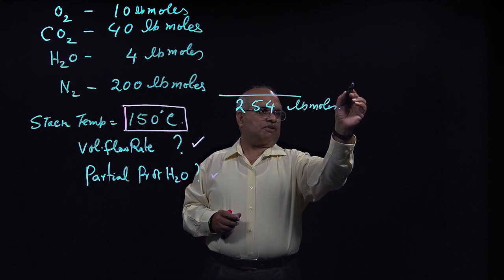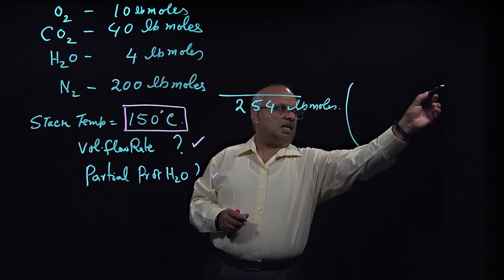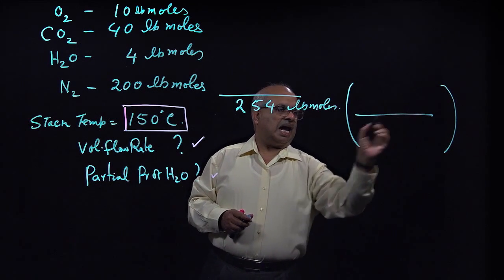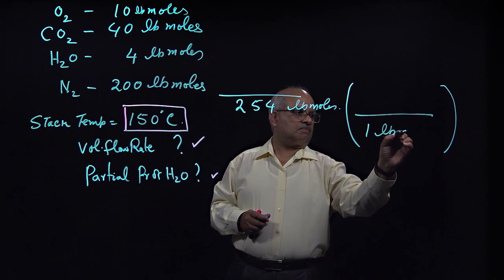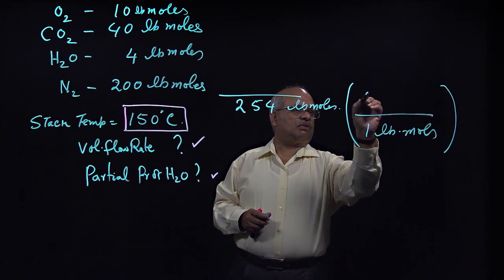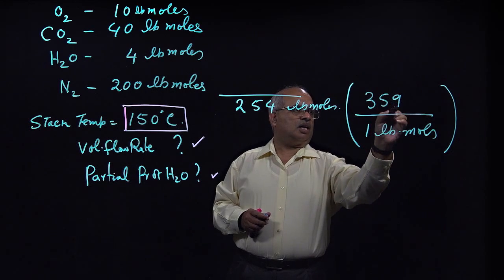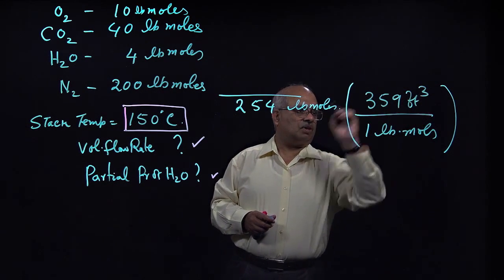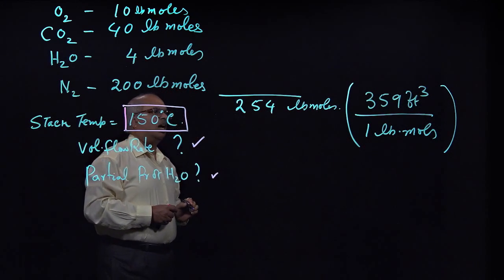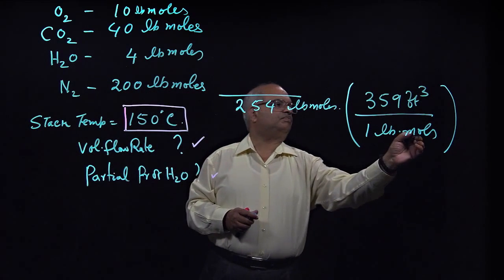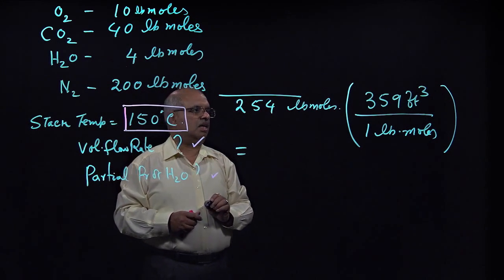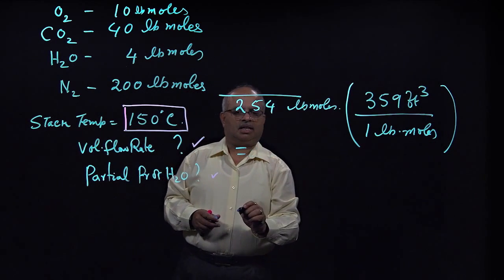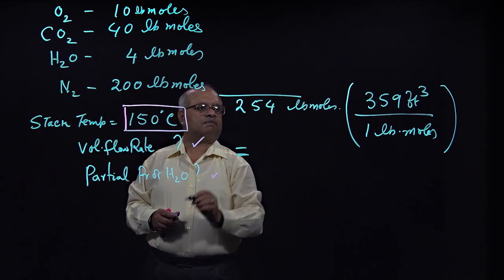We also know from Avogadro's law that each pound mole at standard conditions occupies 359 cubic feet. So now we can easily calculate the total volume here. I want you to try this and then let me know what the volume is.